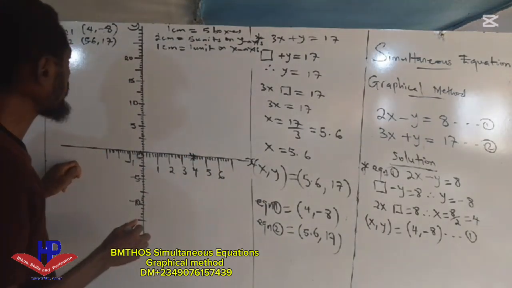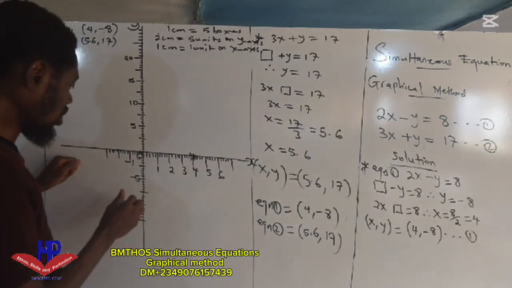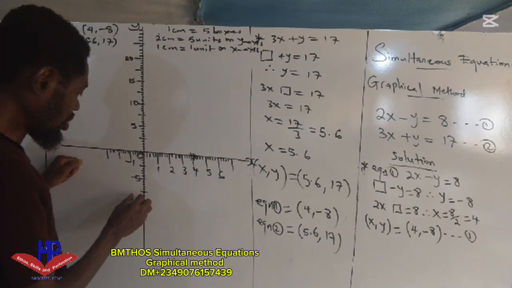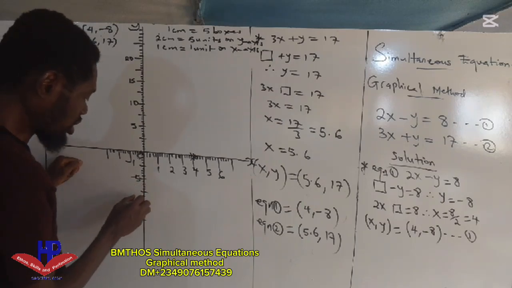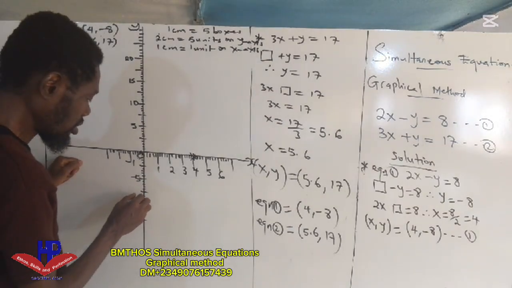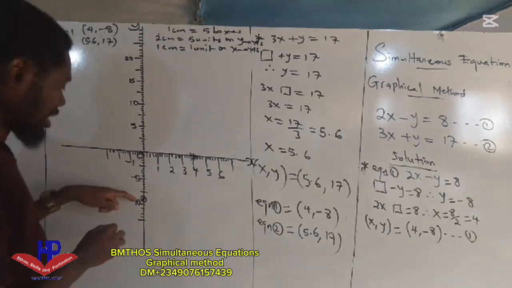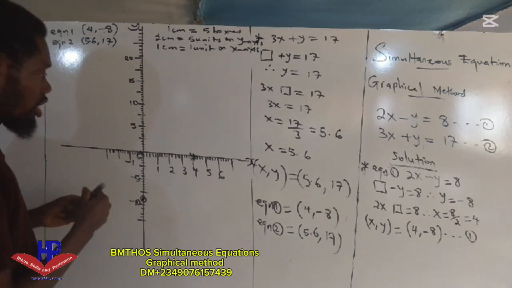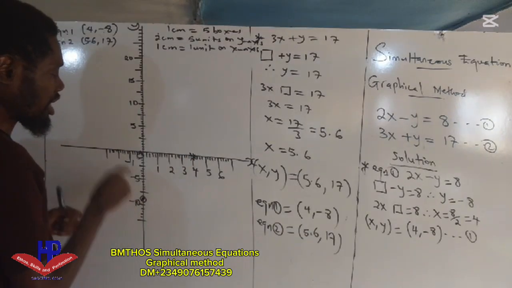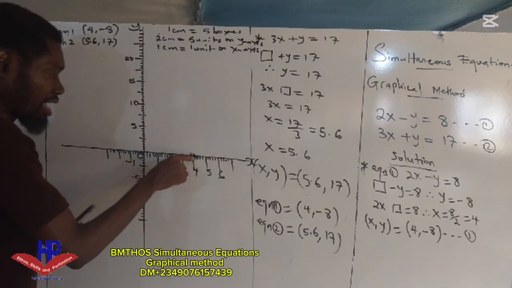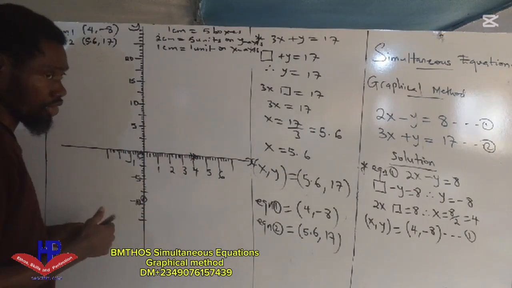Y is minus 8. If here is minus 5 and here is minus 10, minus 8 should be close to somewhere here. Circle dot is you put a dot and circle it. Either you use the asterisk or the circle dot, on both sides.